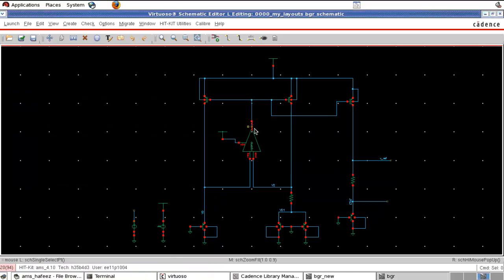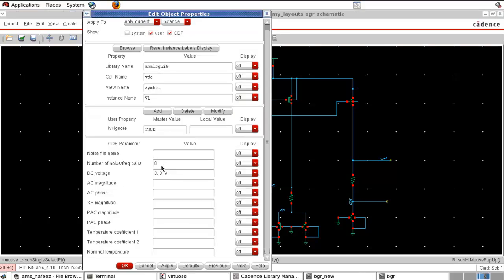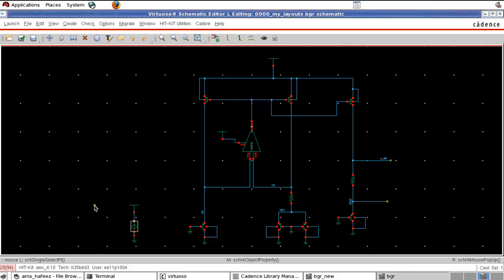And we have to simulate this circuit first. So first I want to simulate this for DC. The DC value we are giving is 3.3 volt.